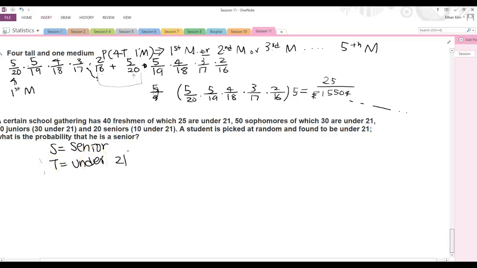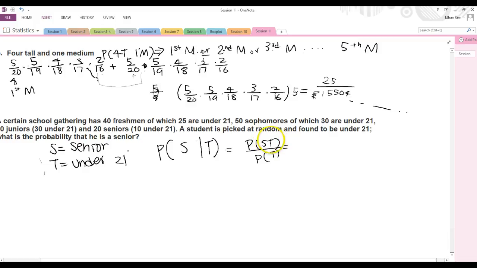So we already know that it's under 21, so we're going to use that as the given. And what's the probability that he is a senior? So it's what is the probability that he's a senior given that he is under 21? Okay? And this is what we learned before. This is P of S and T over probability of T.